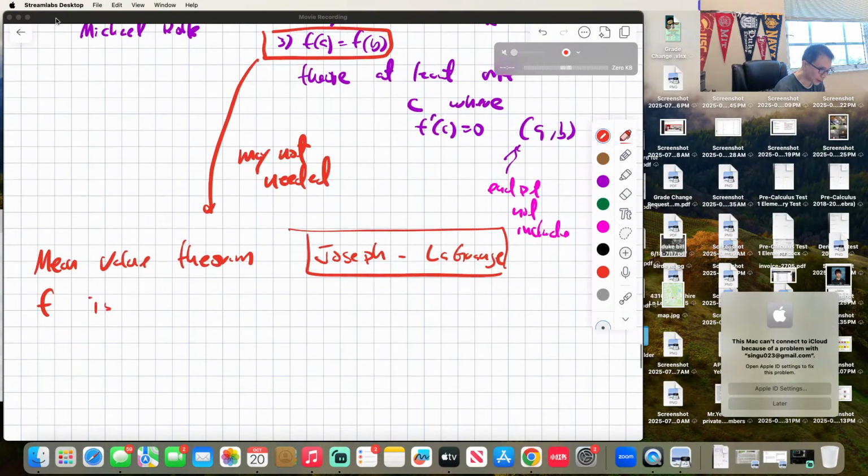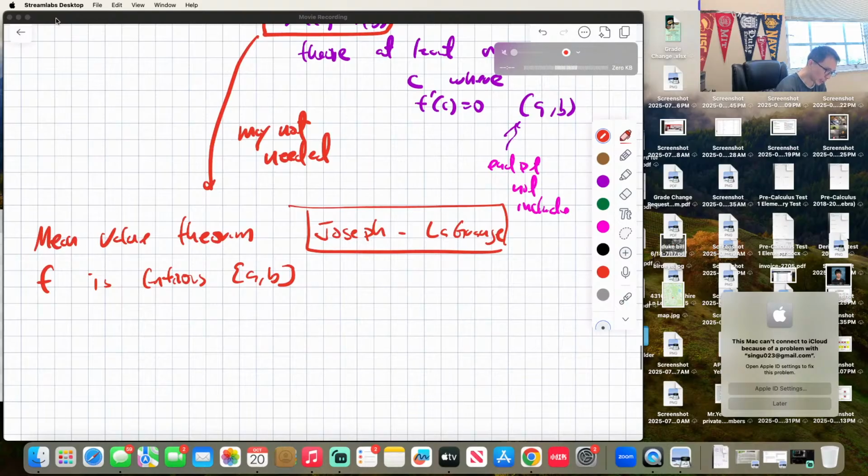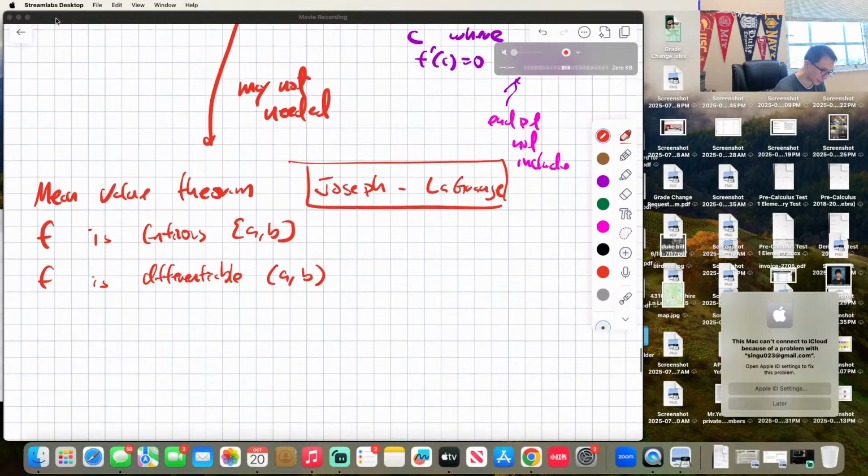So f is continuous between a to b, and f is differentiable between a to b without endpoints.